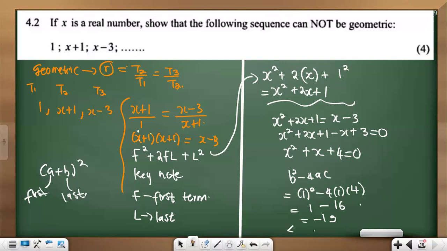So my delta is less than 0. What does it mean? It means that the roots are unreal. So there is no solution.